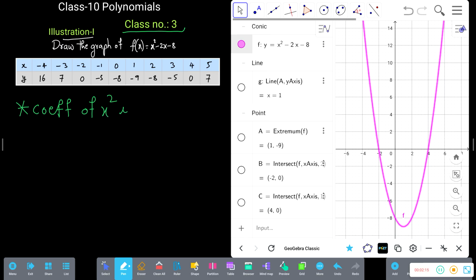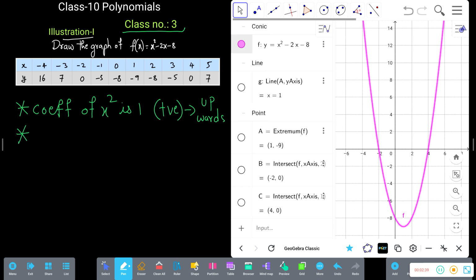The coefficient of x square is 1. So this is a positive value. So if the x square coefficient is positive, it will be open upwards. This is the point. Okay, if it is negative, it will be open downwards, right? This is the first point.